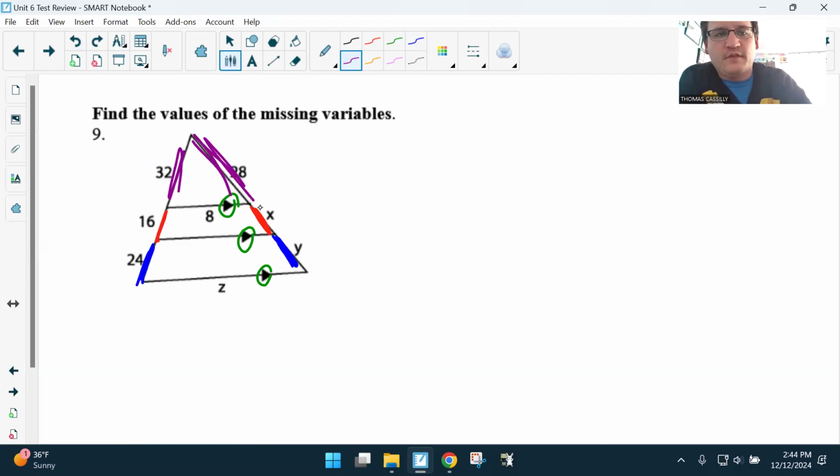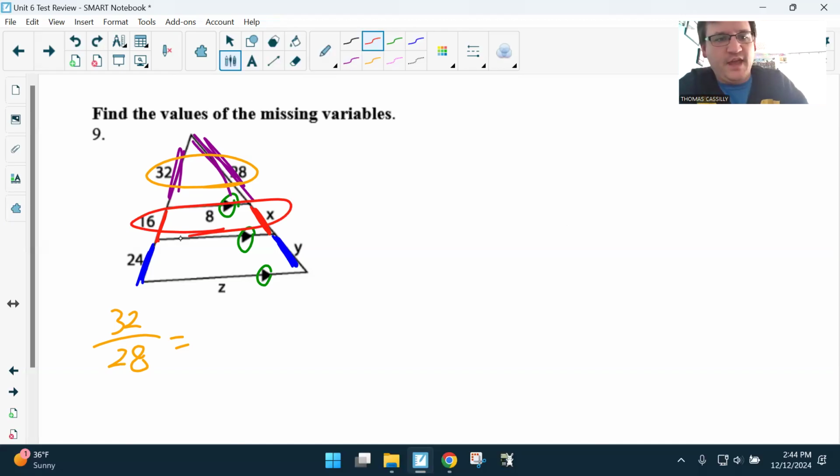So again, match up your corresponding pieces. Maybe go 32 over 28. What is that going to be equal to? Well, that's going to match up with your 16 and the x. So stay consistent. The left side is going on top, the right side is going on bottom. So I need to do the same thing here.